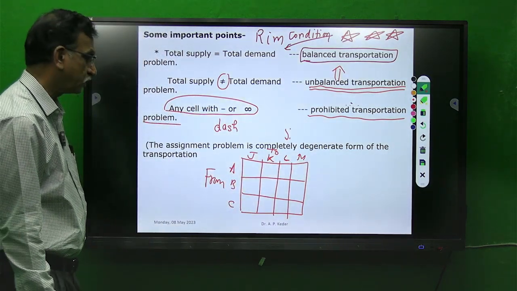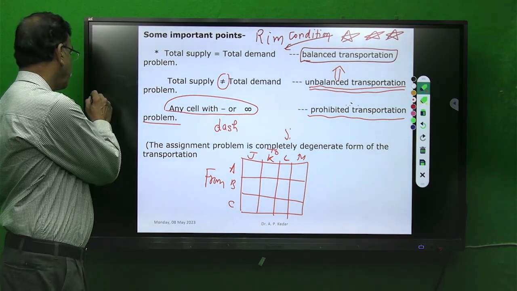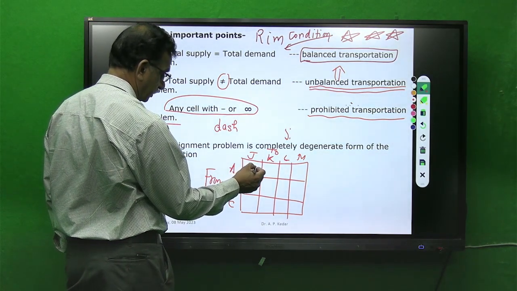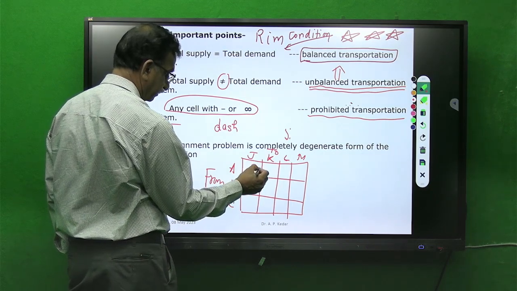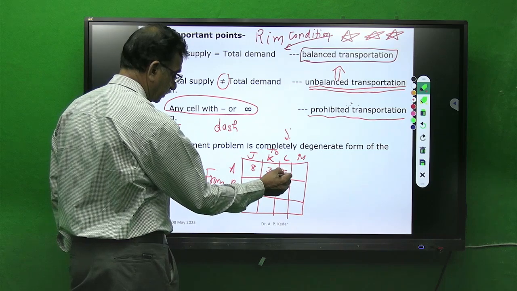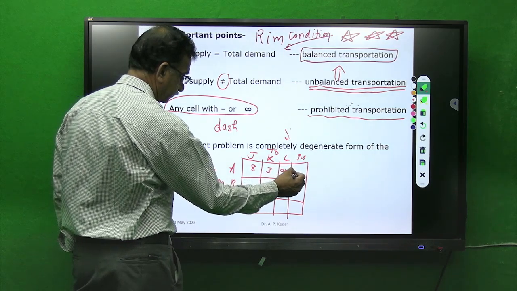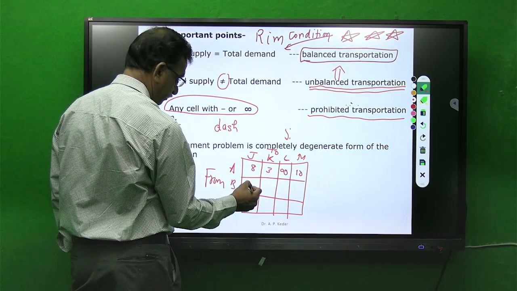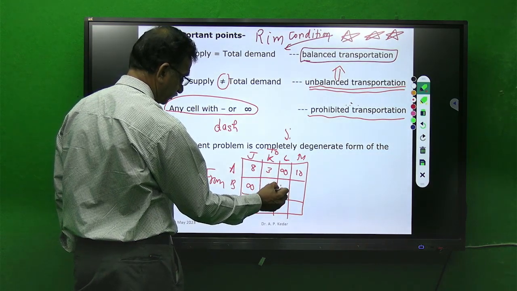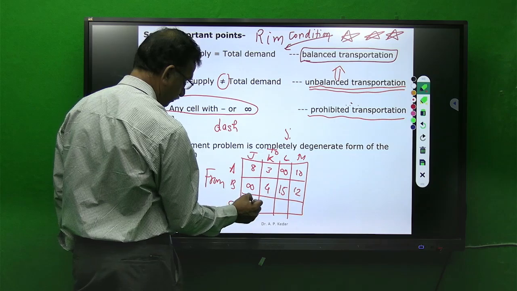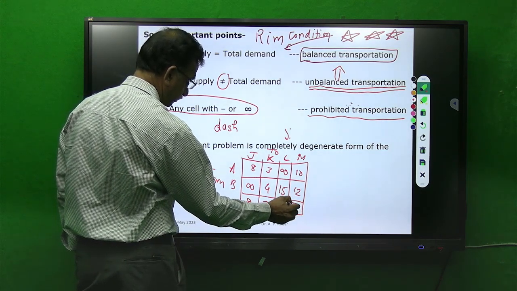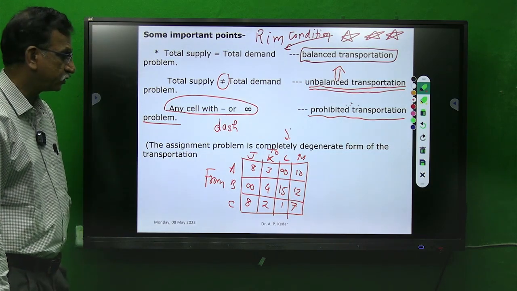Suppose this is the structure given, and suppose with various values of transportation cost given, arbitrarily again I am taking, suppose the matrix is like this.